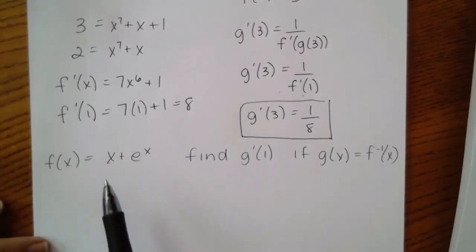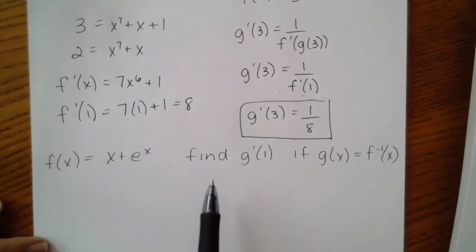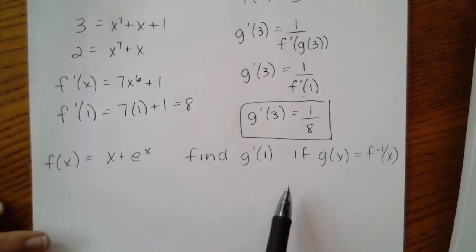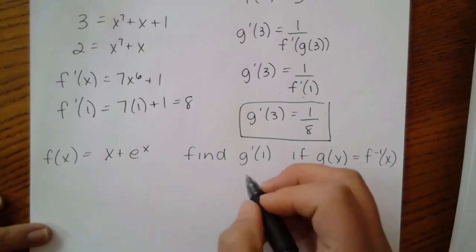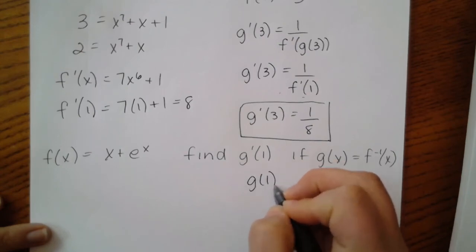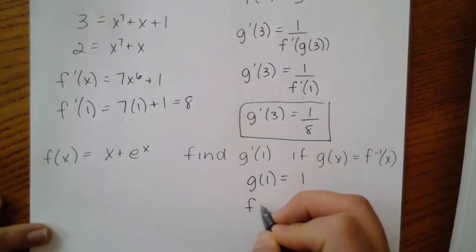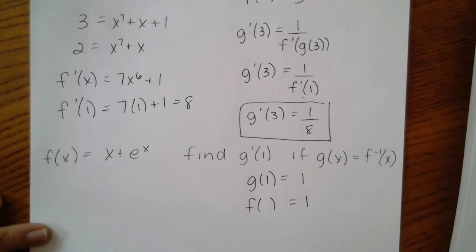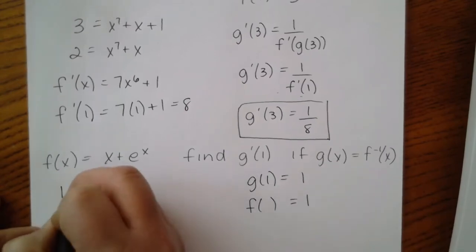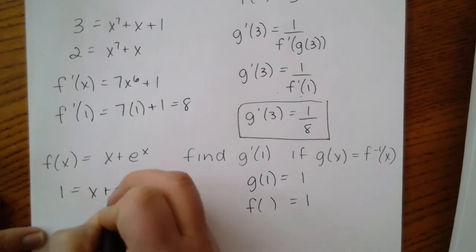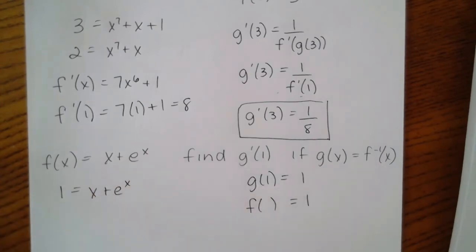All right, so we have another one. You have f of x equals x plus e to the x, and we want to find g prime of 1. Of course we're assuming that g is the inverse of f. The first thing that I always want to do is I know that if g of 1 is equal to something, that means that f of something is equal to 1. So let's see what happens when I set f equal to 1. 1 equals x plus e to the x. Now in this case, I don't think it's going to be 1, right?